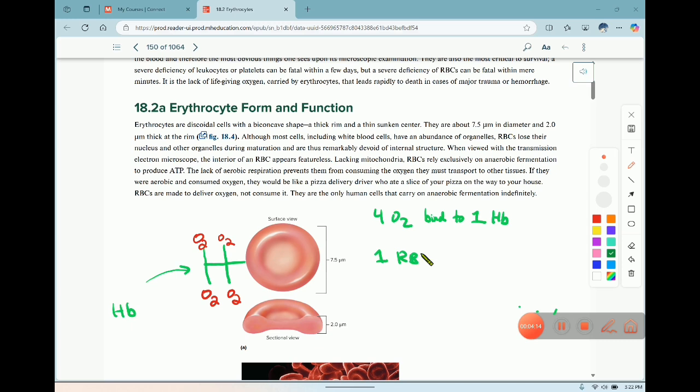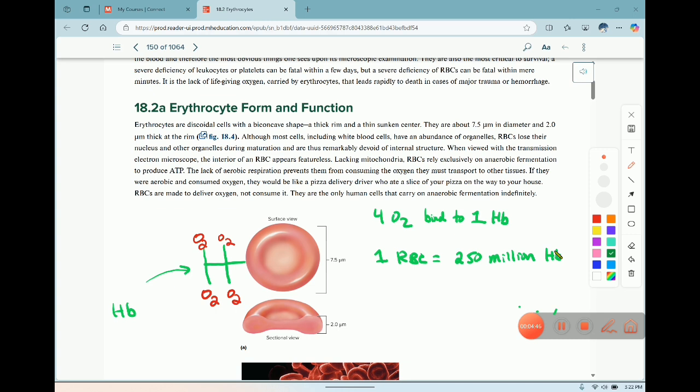One red blood cell has about 250 million hemoglobin. Now think about that. One red blood cell has about 250 million hemoglobin. Now that is plus or minus several million. It depends on the author, depends on the book. I've seen as low as 200 million hemoglobin on 1 red blood cell, and as much as 300 million.